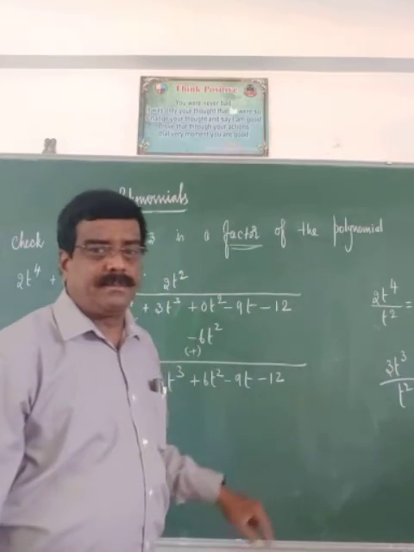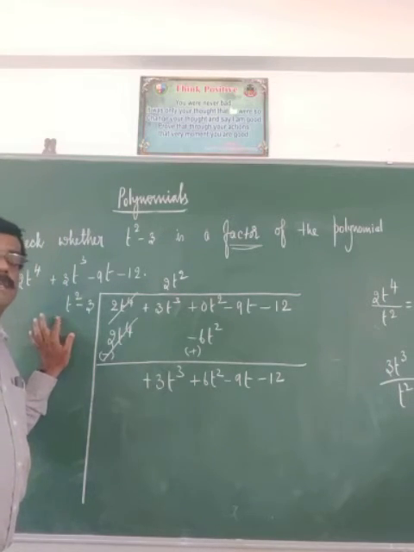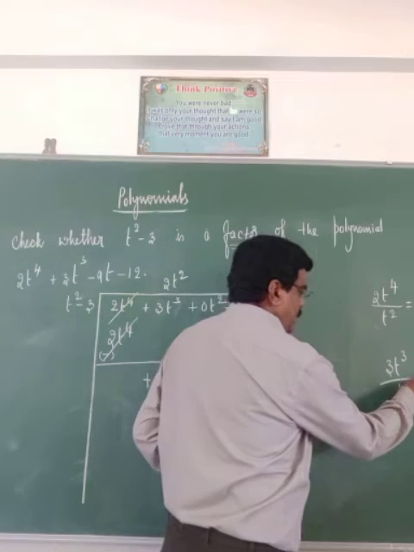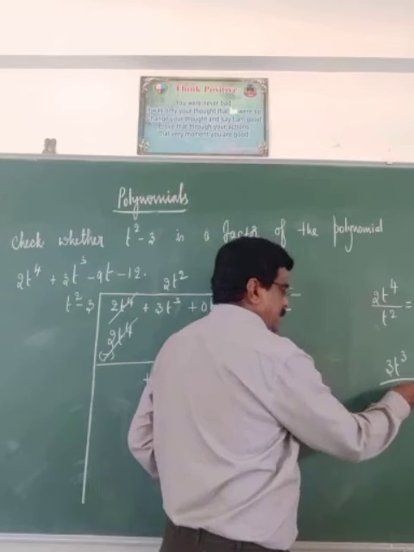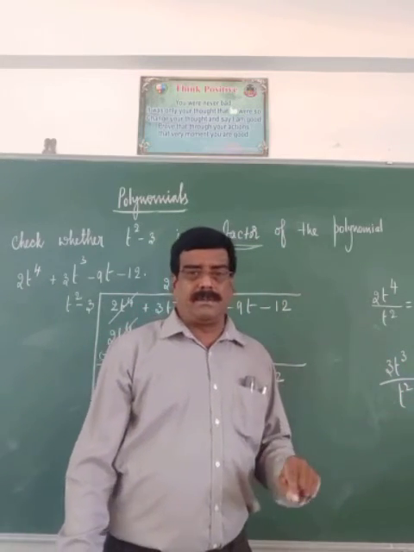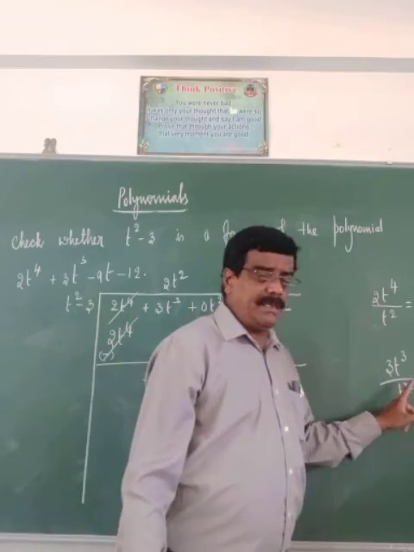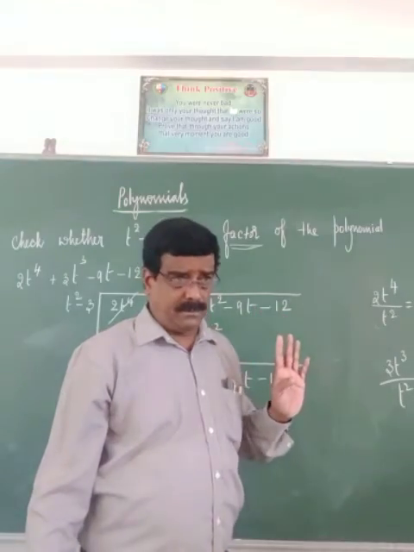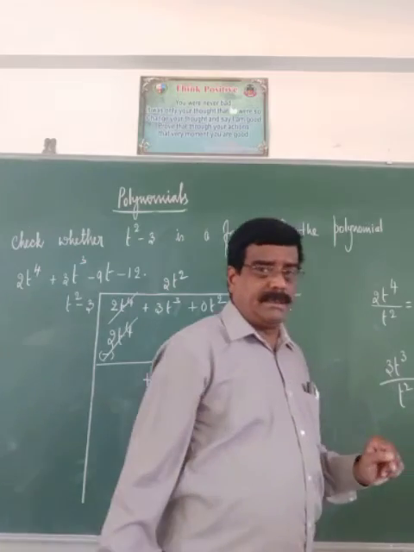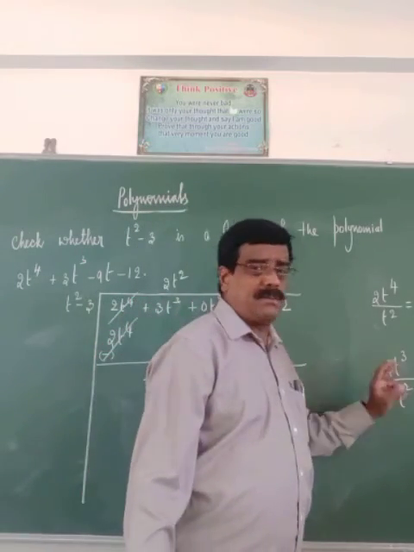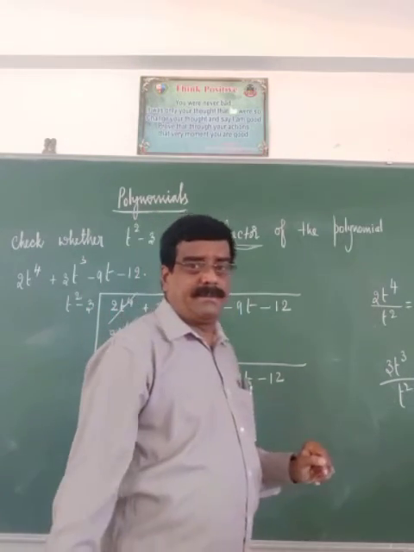What is this t square? t square is nothing but the first expression of the divisor, which is equal to, again t square means 1, 3 by 1 is 3 only, t cube by t square. t cube means t into t into t, 3 times it is multiplied. t square means t into t, 2 times. So the 2 times t gets cancelled, remaining with 1 t, that is 3t. 3t means no sign means plus, you must know that. So on top you write it is plus 3t.